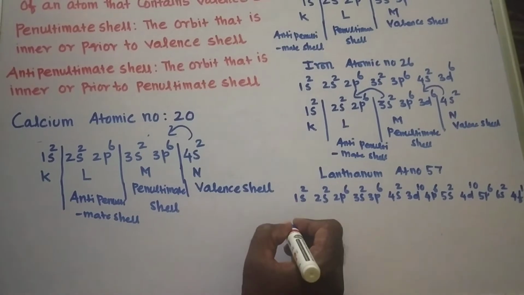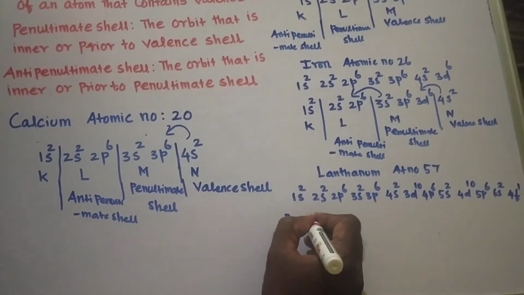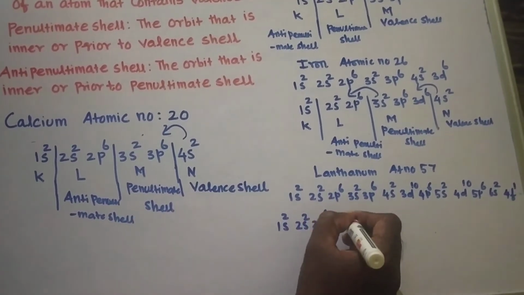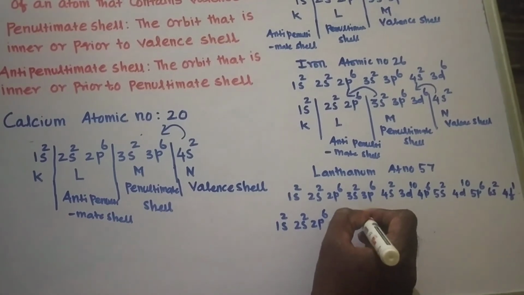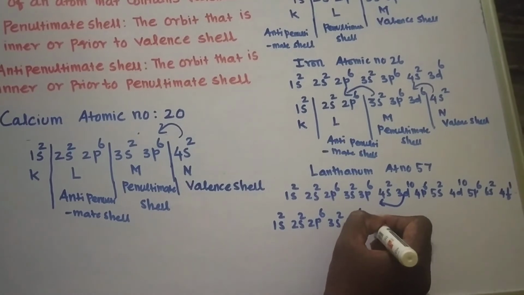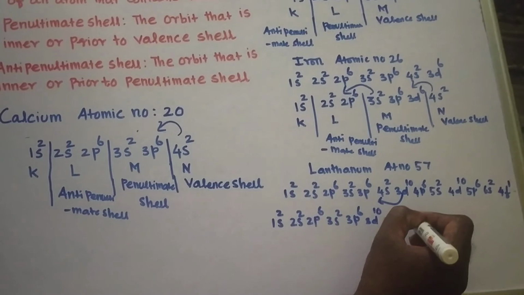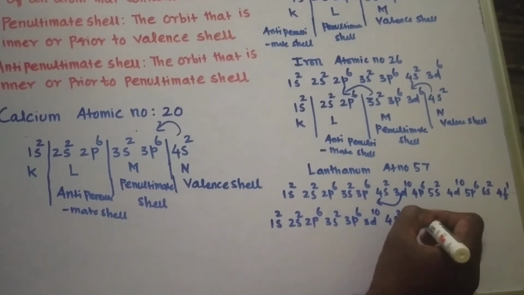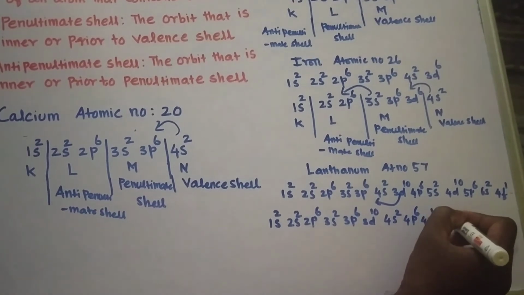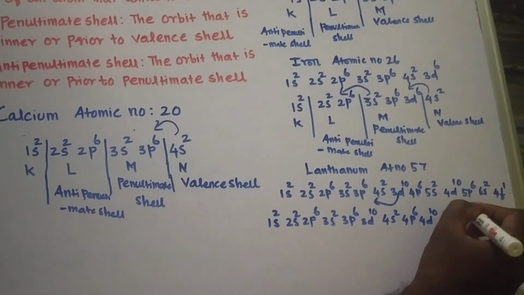So it becomes 1s2, 2s2, 2p6, 3s2, 3p6, then 3d10 comes here, then 4s2, 4p6, 4d10 and also 5s2, 5p6.